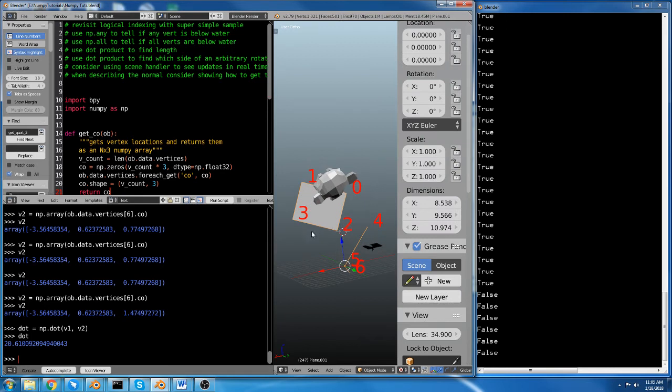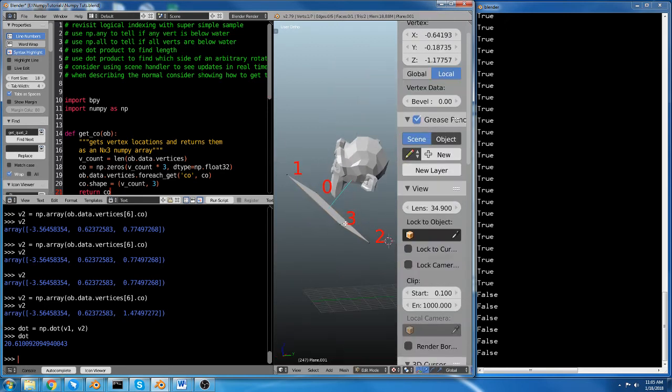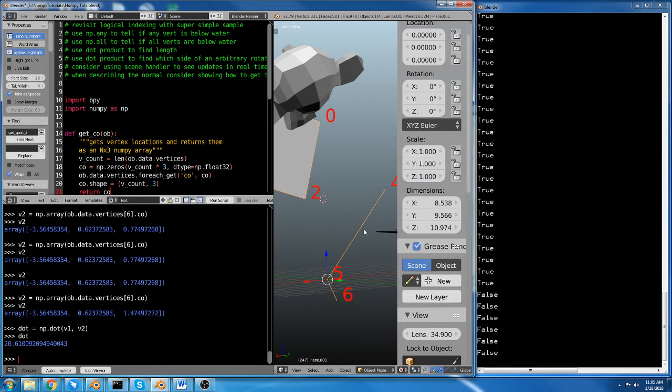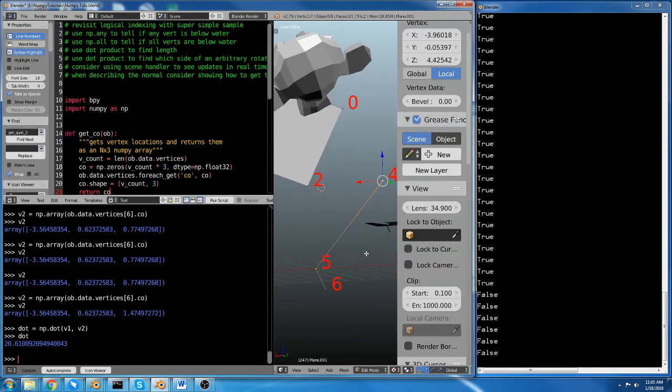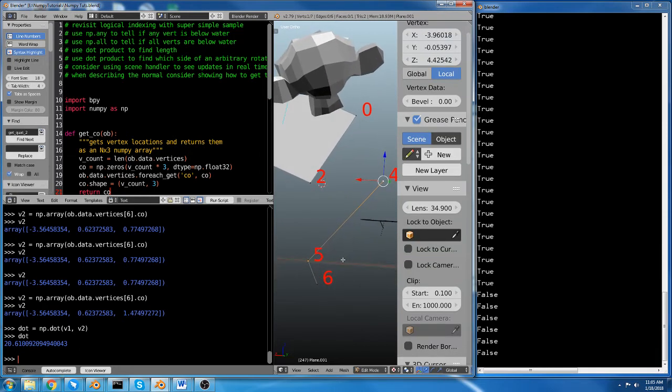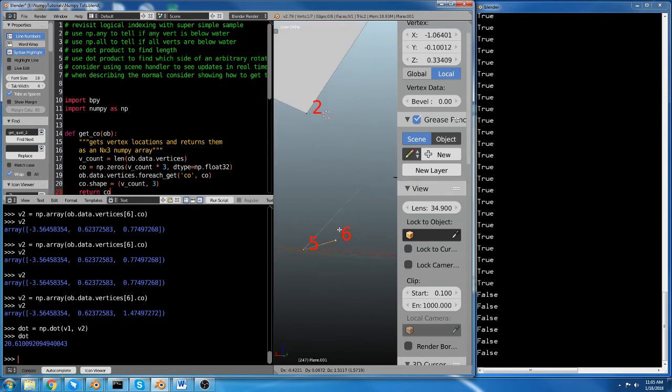So you'll notice that with a plane, the normal of this plane is exactly perpendicular to the plane itself. Now, if we pretend this vertex 4 is the normal of a plane, so it's perpendicular to it. As soon as this moves to a point where it would be on the other side of that plane, something interesting happens with the dot product.